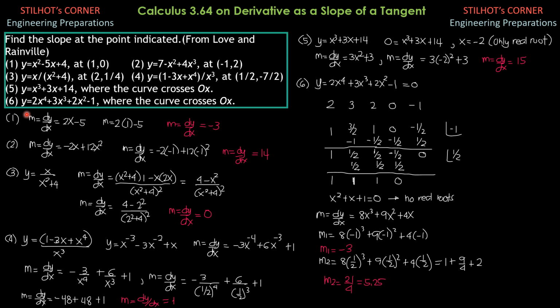Then lastly, number 6, y equals 2x to the fourth plus 3x cubed plus 2x squared minus 1, where the curve crosses the x-axis. Again, we find the roots of x where y is 0. So this is the equation, we equate it to 0, and we find the roots this time by synthetic division.